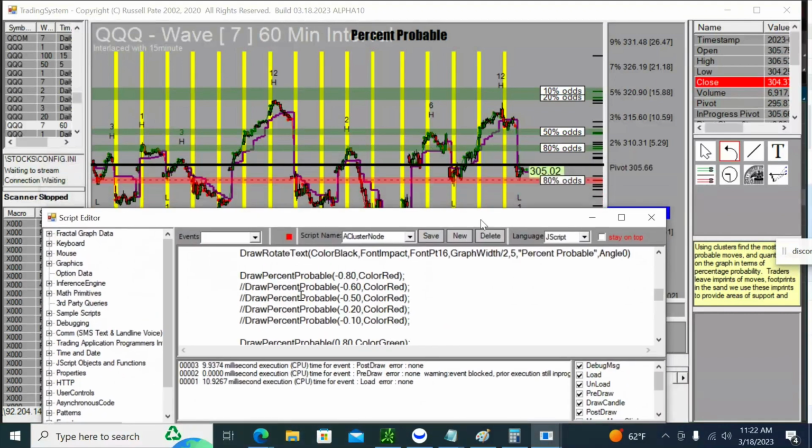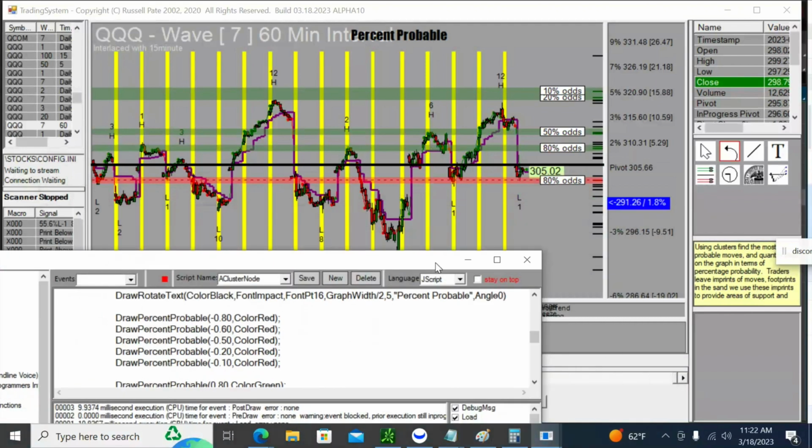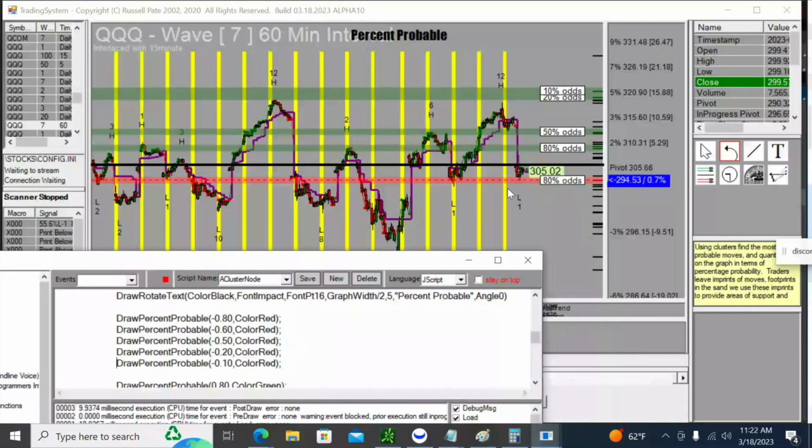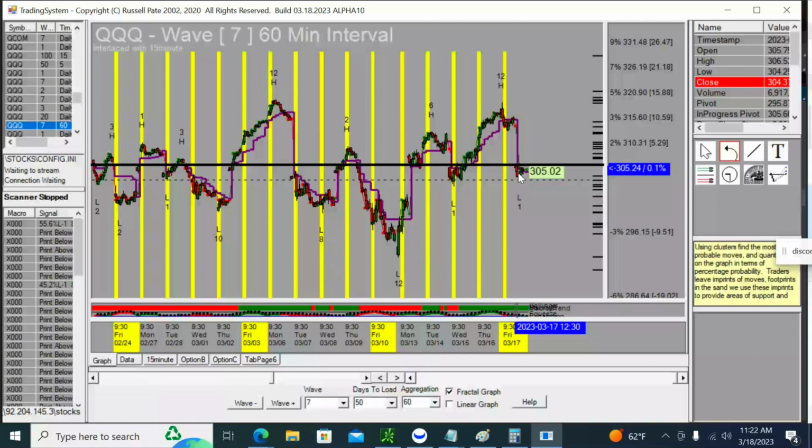And the mathematical clusters, you can go read about mathematical clusters on Google. It's basically a way to identify data sets. It's using all this information to figure out where 80% of the time we get to. So that means 80% of the time when it goes down, it gets to at least there.